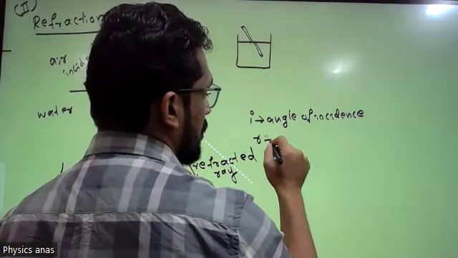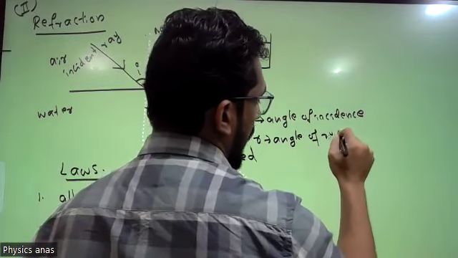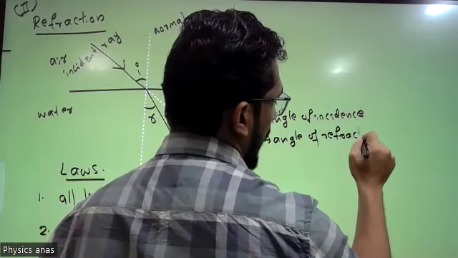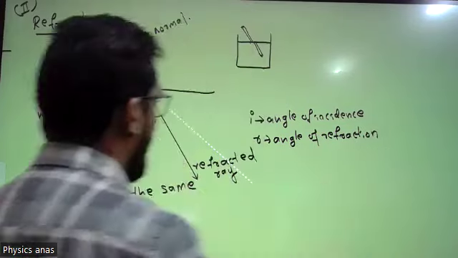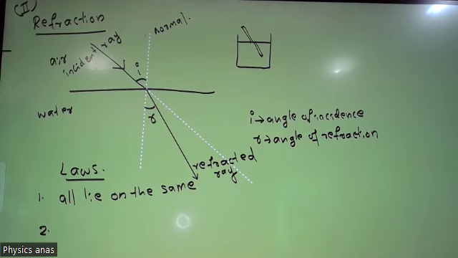What is R? R is the angle of refraction, which is between the normal and the refracted ray. So the angle of refraction is the angle between the refracted ray and the normal.